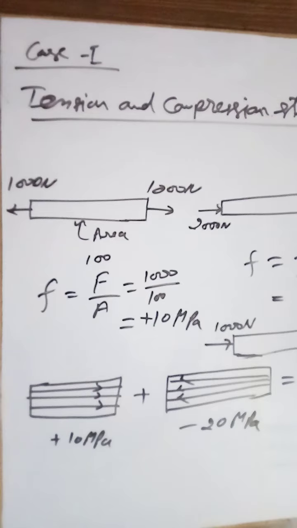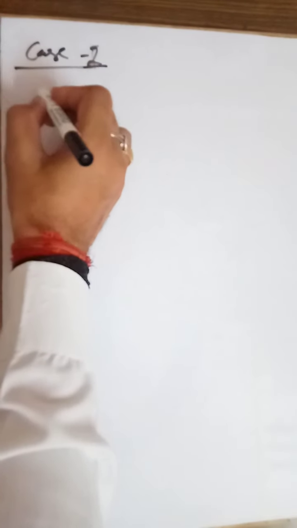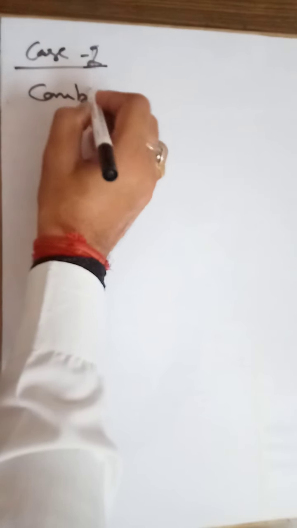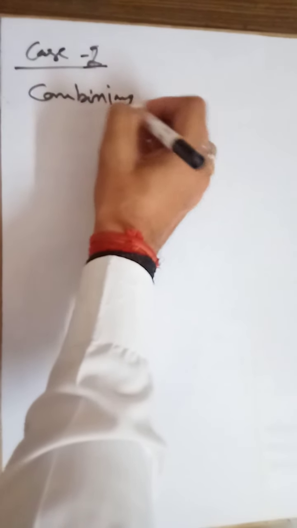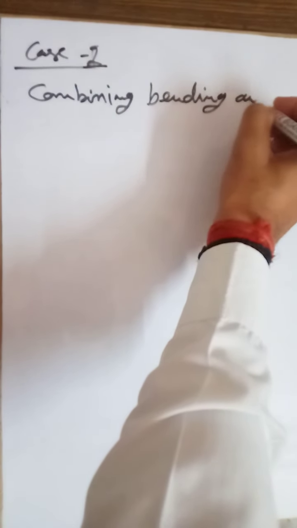So let's move towards case 2. For case 2, combining bending and tension stress. When a beam is bent, it produces tension and compression along the axis of the beam.